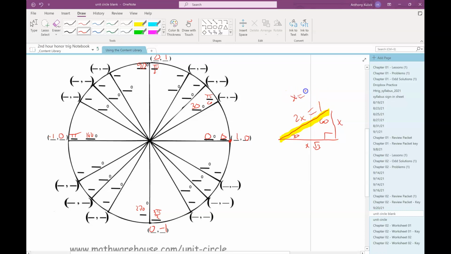So the value for the short side definitely has to be 1/2. Everybody's okay with that? So this is 1/2, and this is root 3 over 2. Happy there? The left and right is our x, so that's root 3 over 2. And our up and down is our y, so that's 1/2.